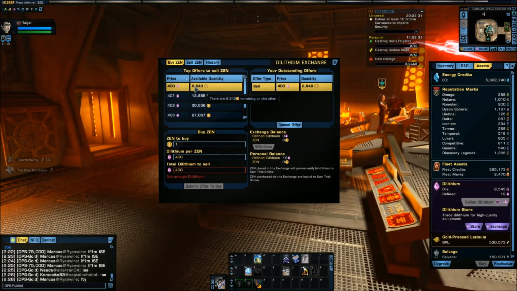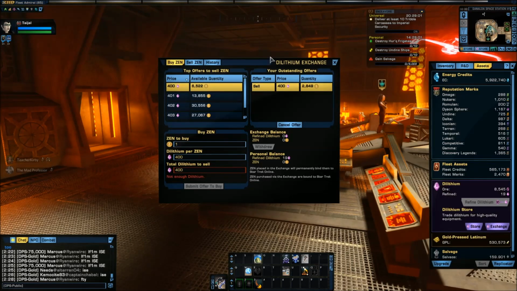So it has to get through the other just under 4,000 Zen that's here to get to mine. Once that's chewed through, once they get through that, then my Zen will sell and I will get 400 dilithium per Zen.